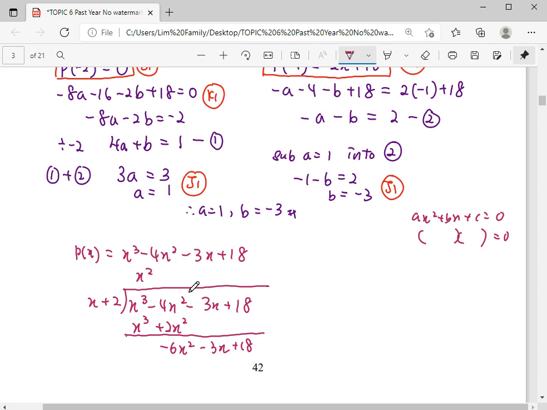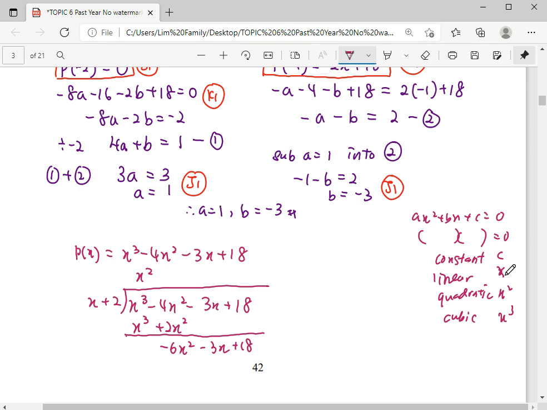Then we repeat our division. How far do we need to do the division? We see the balance here. Our balance here must be smaller than the divisor. You can see the divisor here is linear, and linear is power 1. Bigger than that is quadratic, because quadratic is power 2. Then cubic, so it has its ranking. The smallest we can say is a constant, because a constant doesn't have an x.